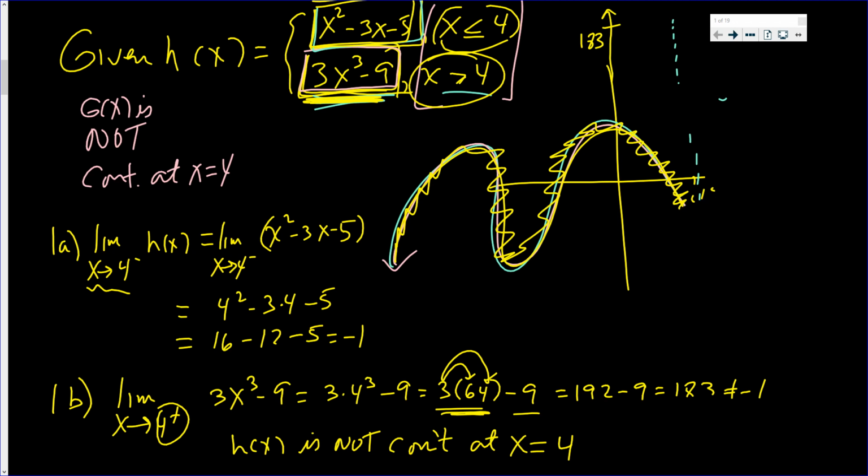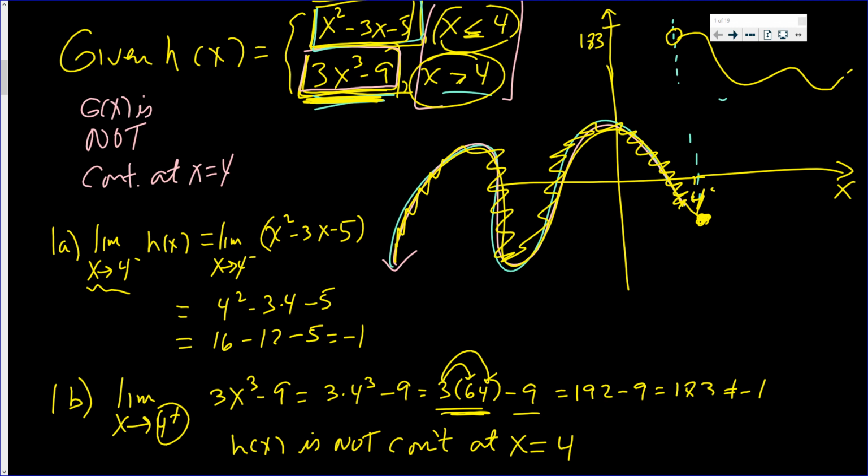So the top one says that it can equal 4 when you're less than or equal to 4. And when you're bigger than 4, you have to get closer and closer to 183.